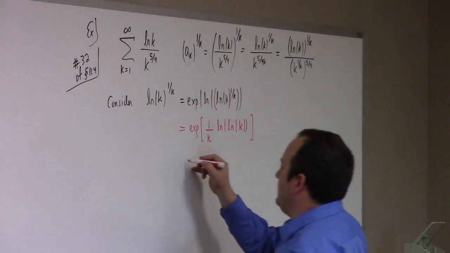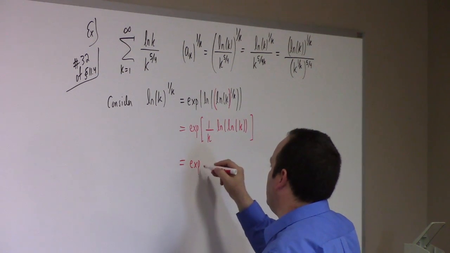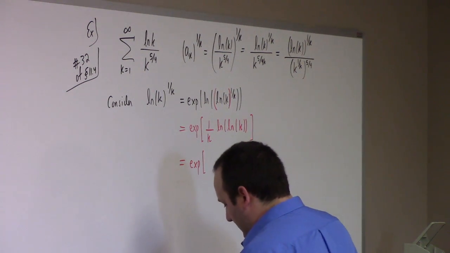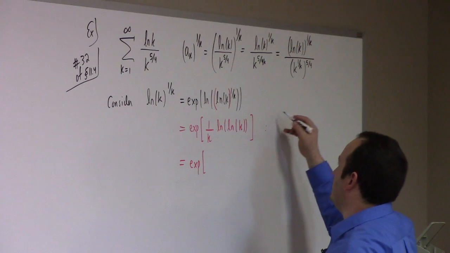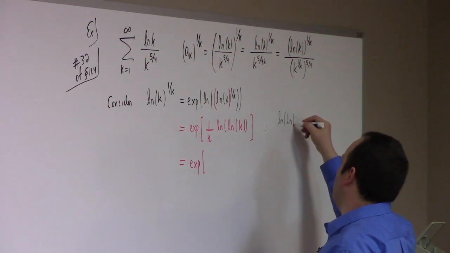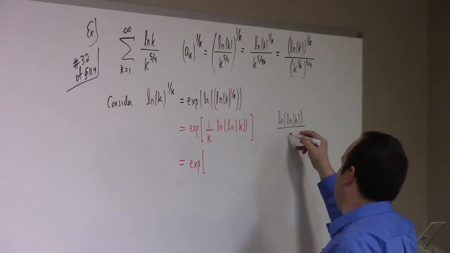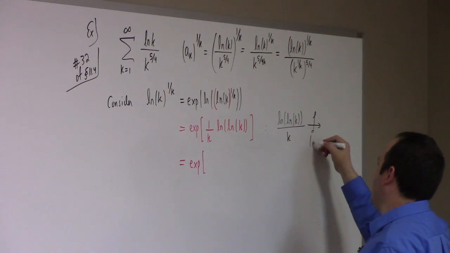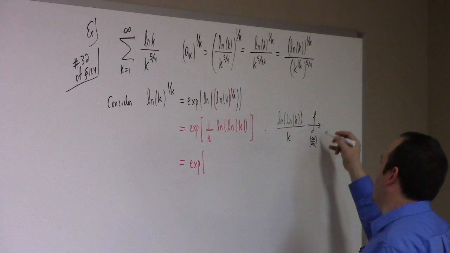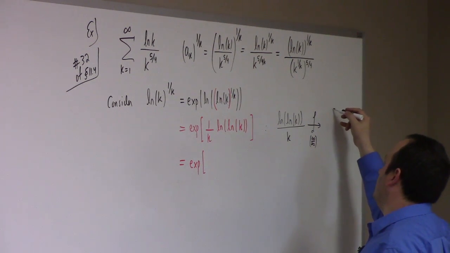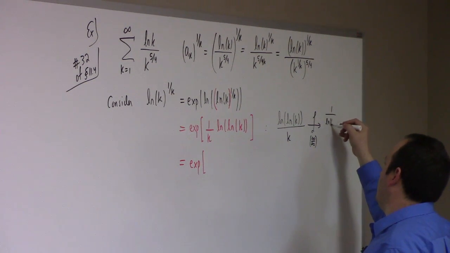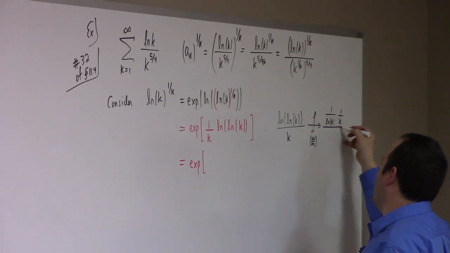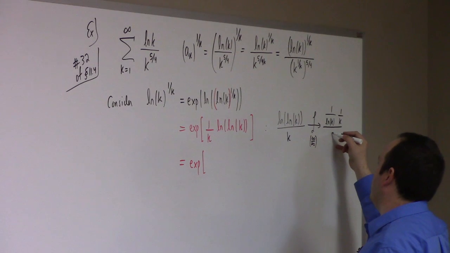Okay, so I can rewrite that. I can understand that. That's really the exponential of what? Well, let's go off to the side here. Note that the natural log of k over k, right, is by L'Hopital's rule on type infinity over infinity, 1 over the natural log of k times 1 over k divided by 1.